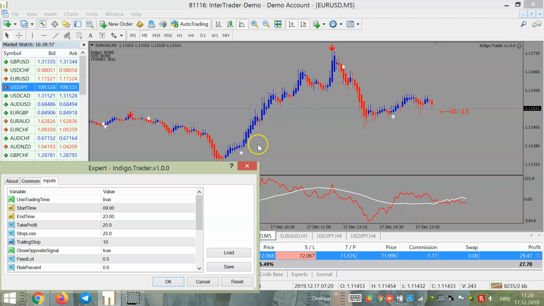Here it will take a trade until this, and here it will be closed. Or here, when it opens, it will close the trade here at the opposite arrow.